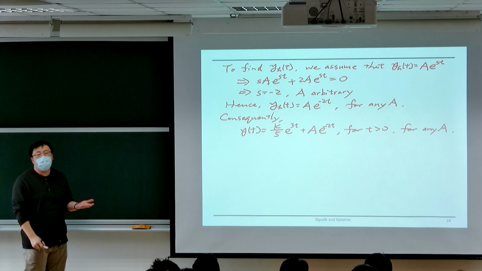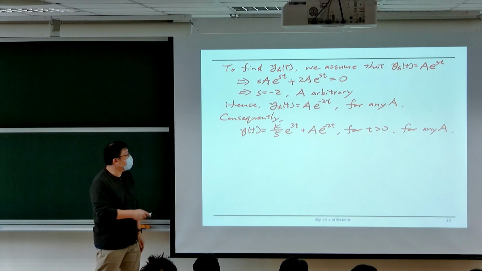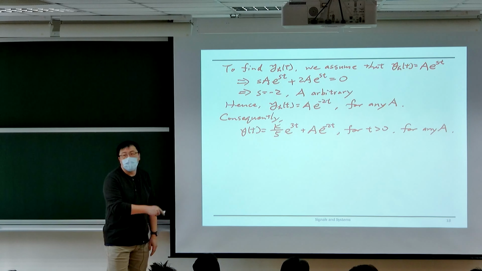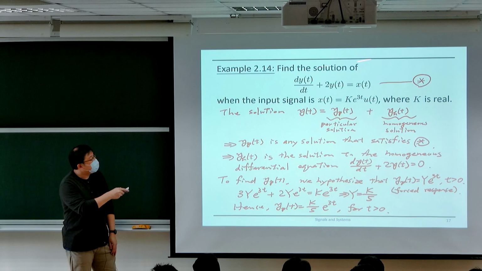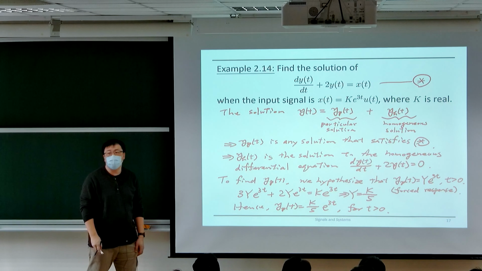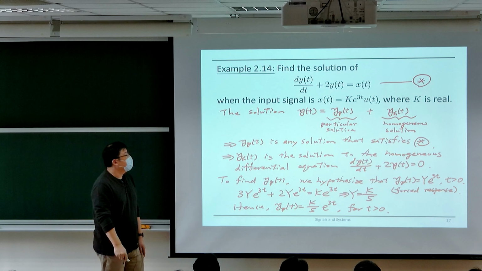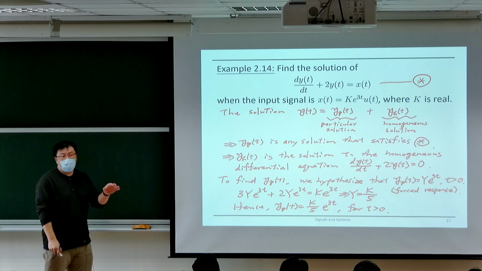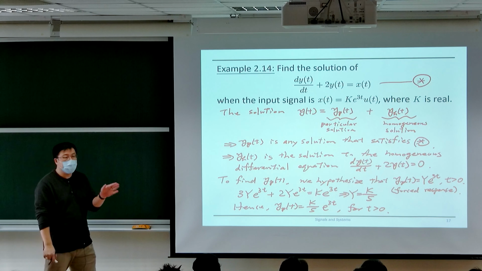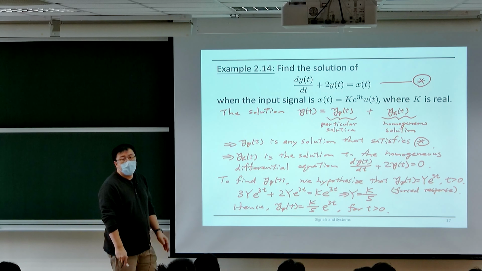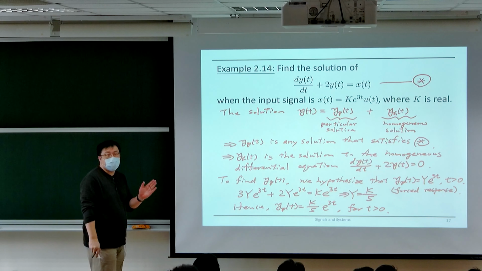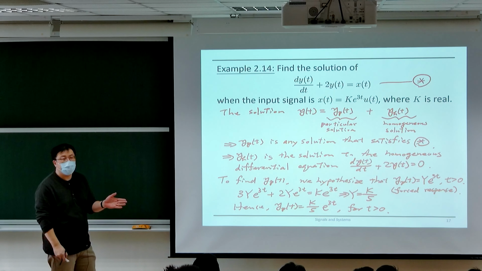So if you are not given any other condition, any solution of this type can be an output of this differential equation. Now, if you want a more particular, more specific solution, you would need to specify certain conditions on the system.